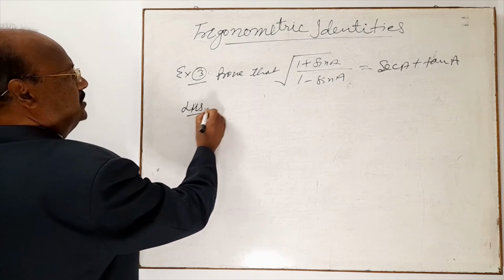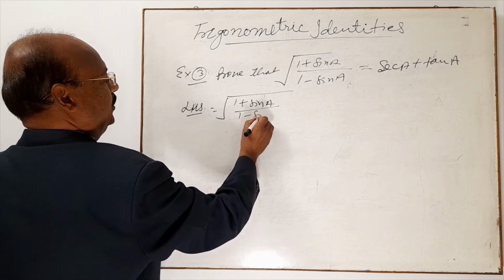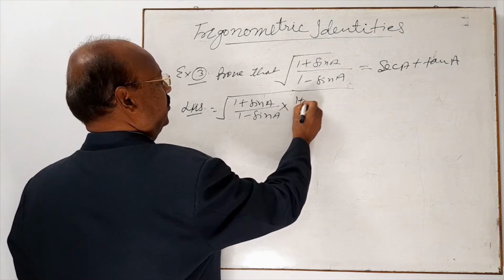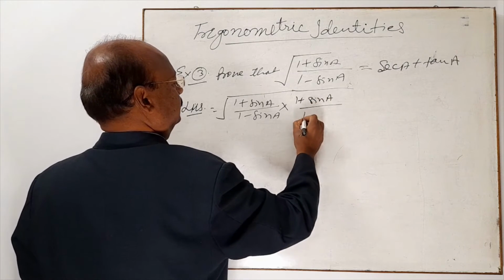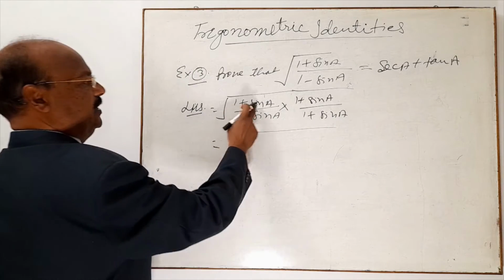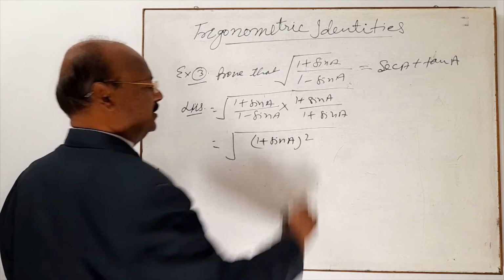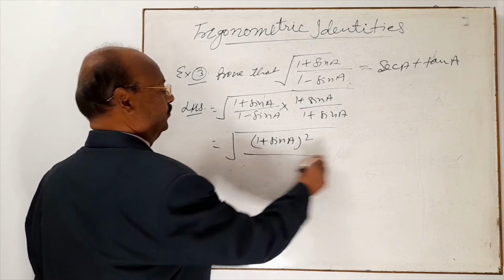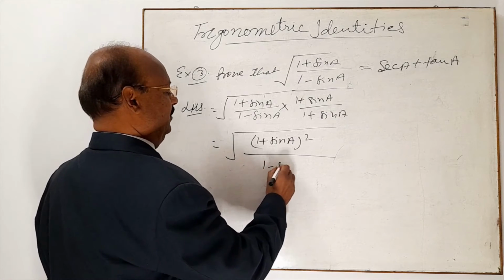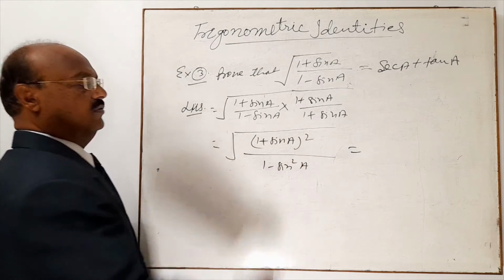Here the left hand side is root over 1 plus sin A upon 1 minus sin A. Here we will multiply numerator and denominator by 1 plus sin A. So here in the numerator, 1 plus sin A into 1 plus sin A is 1 plus sin A whole square, correct? And in the denominator, 1 minus sin A into 1 plus sin A is 1 minus sin square A, and this square will be cancelled out with the square root.